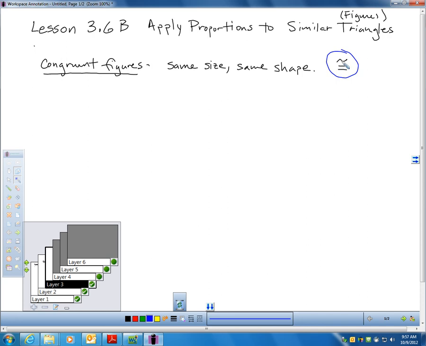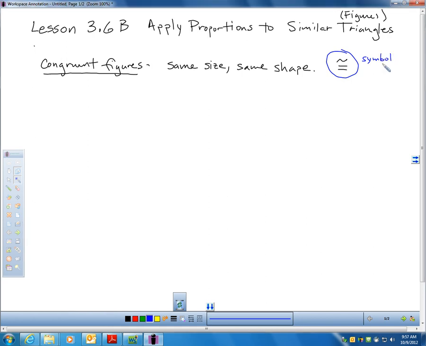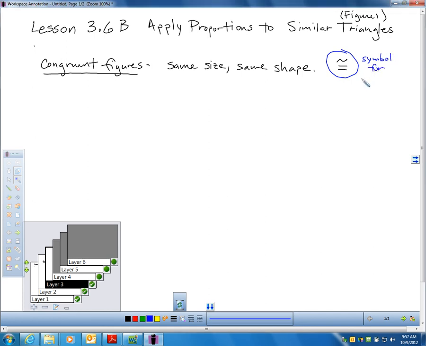It's an equal sign with a little wave over it. This is the symbol for congruent. So when you see that, that is saying that two figures are congruent. That means they're the same size, same shape.